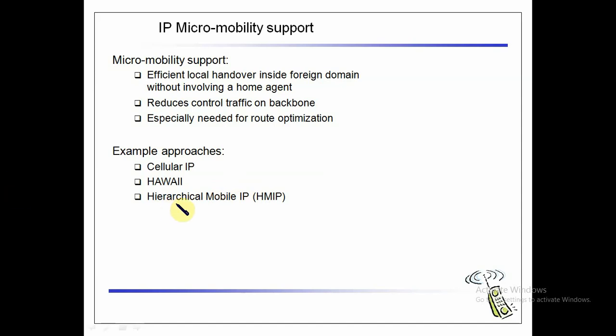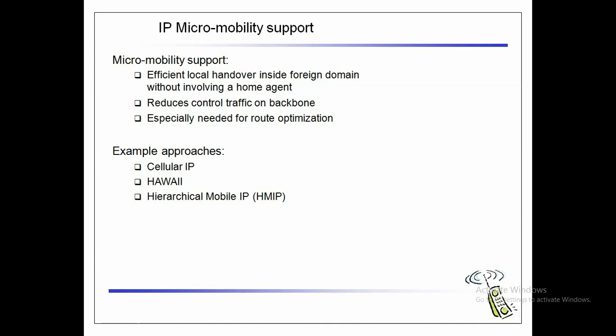And the next approach is hierarchical mobile IP, HMIP. It has different versions and introduces natural choices for handling micro mobility support and issues, with several proposals for mobile IP.